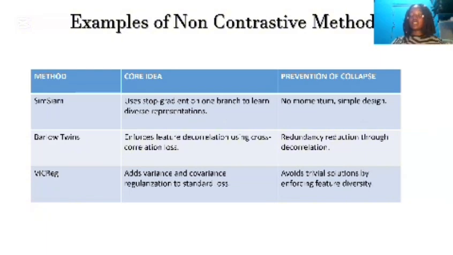Then it ensures that different augmentations of the same image map to similar representations, like in SimSiam and Barlow Twins. It also reduces redundancy between feature dimensions, like in Barlow Twins. So we're going to move to the next.